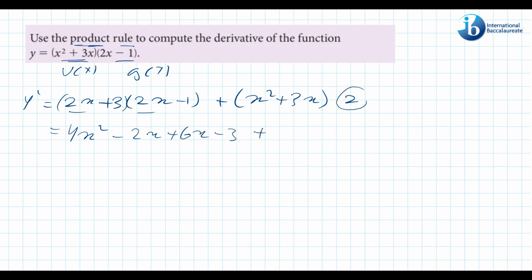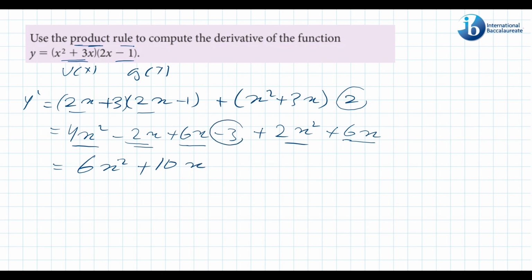Plus 2 times x squared is 2x squared, and 2 times 3x becomes 6x. After that, arranging it, here we have 2x squared and 4x squared, 6x squared. Negative 2x, 6x, 6x becomes 10x, right? Because negative 2 with 6 and 6 gives 10, then 10x. Negative 3, just only negative 3. This is the final result, right?